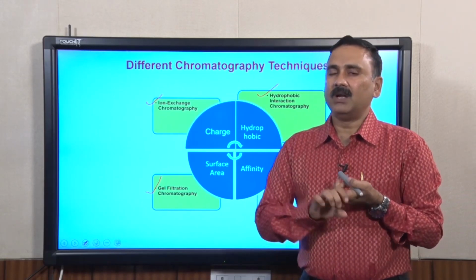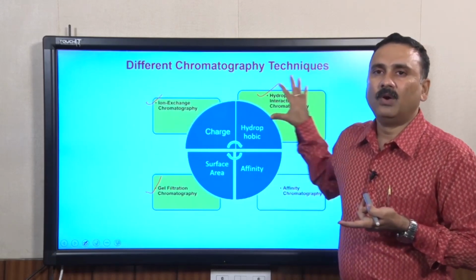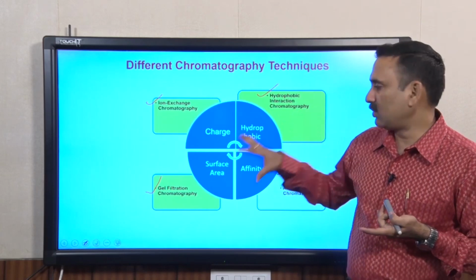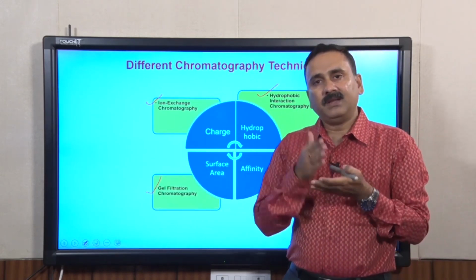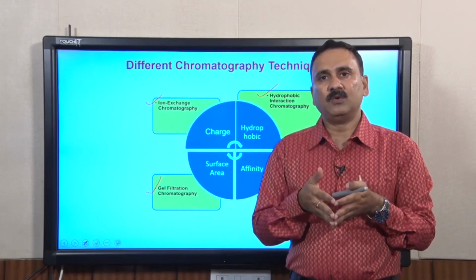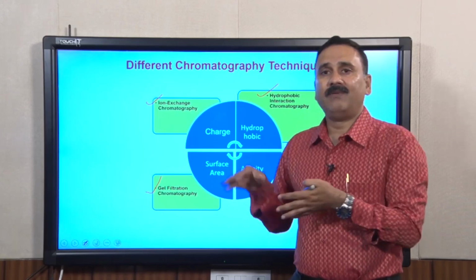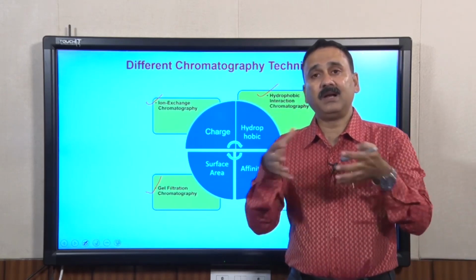In general, people run the ion exchange chromatography first, followed by the hydrophobic interaction chromatography, and followed by the gel filtration chromatography. The reason is that ion exchange chromatography requires the protein to be present without salt, whereas the hydrophobic interaction chromatography requires a high salt concentration.